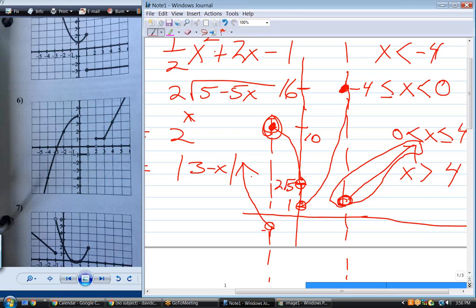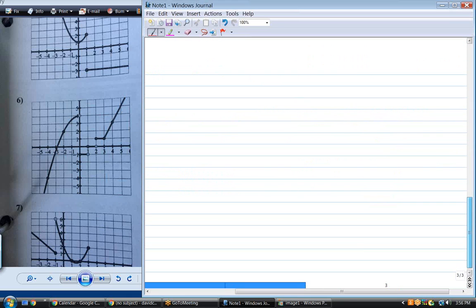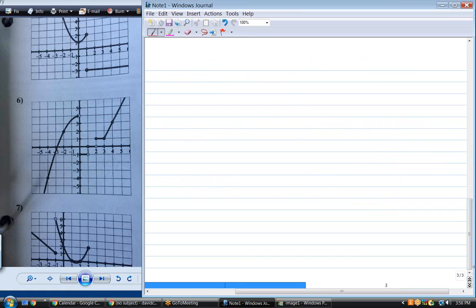In other words, that line that I've drawn there is y equals x minus 3. It's also the absolute value of 3 minus x. So there may not be a unique solution when I'm going the other way. It doesn't really matter, but let's start from the far left.